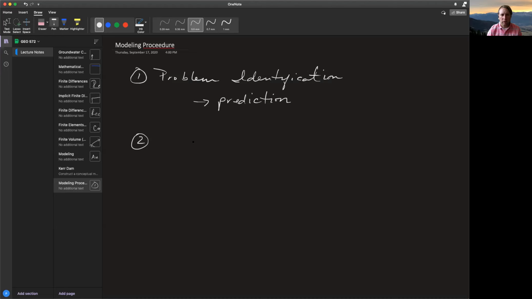The second thing we do is to conceptualize the system. And this is a super hard and important part of the process, and one that's potentially overlooked in its complexity and its implications on modeling.